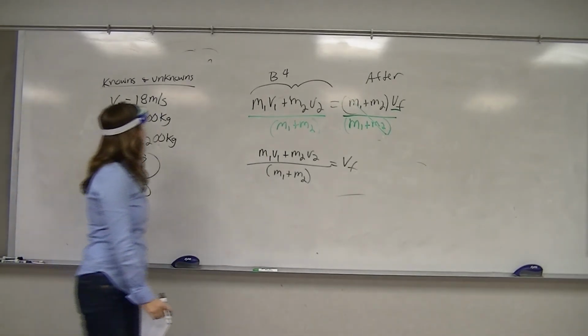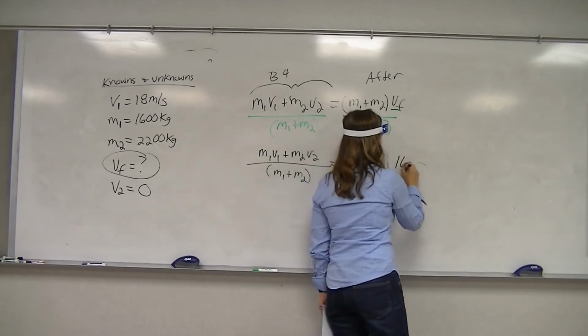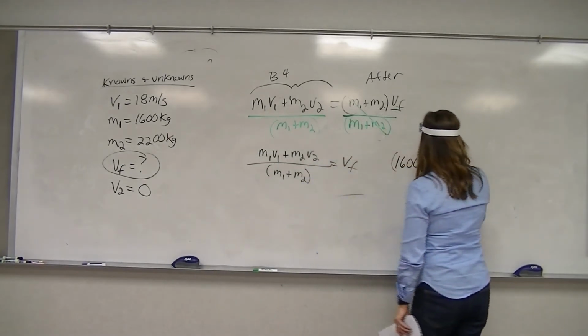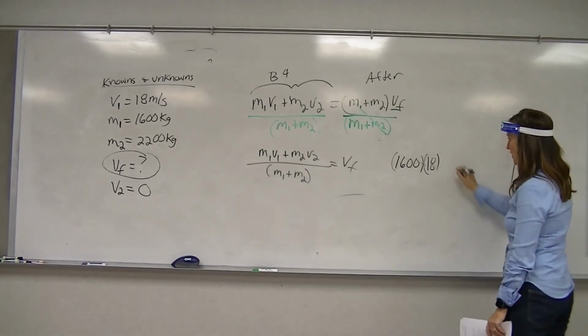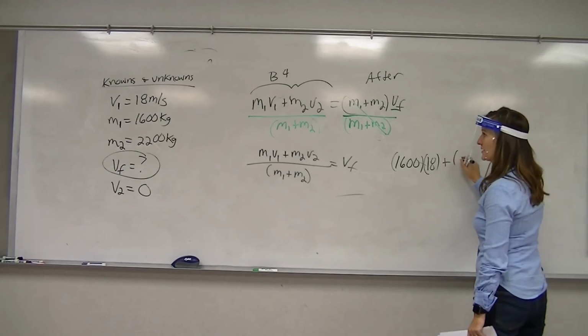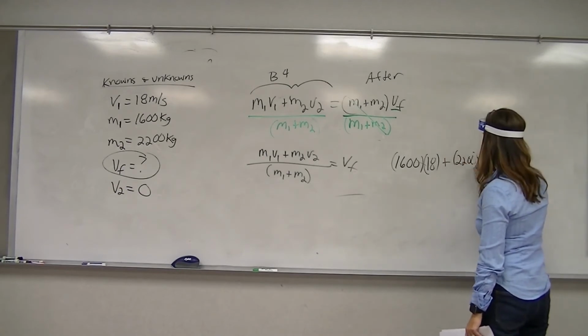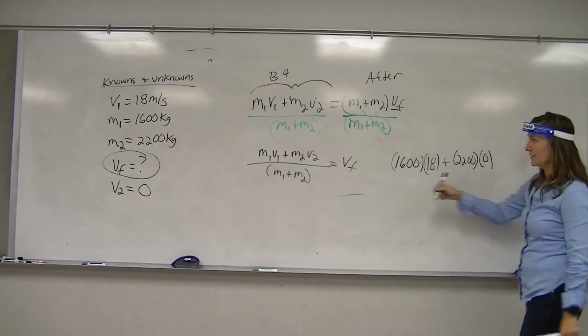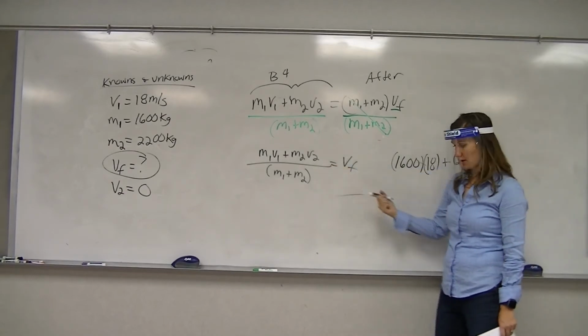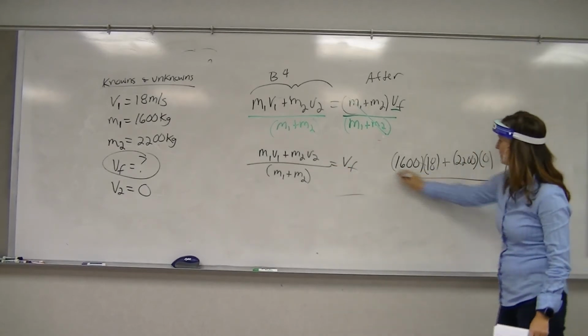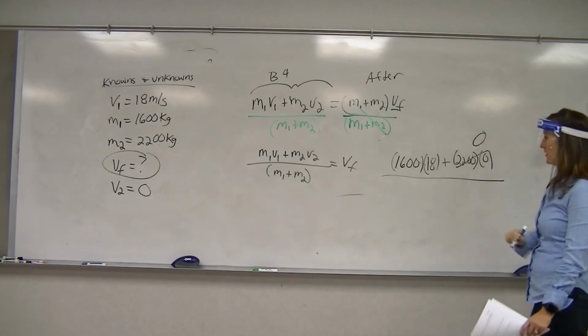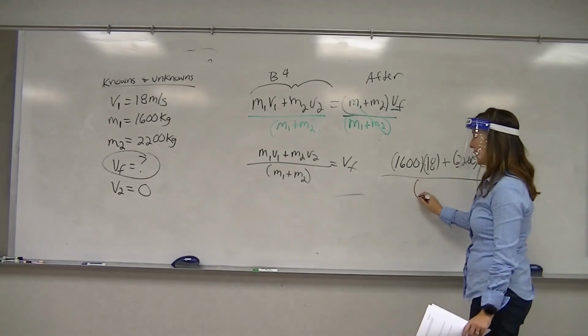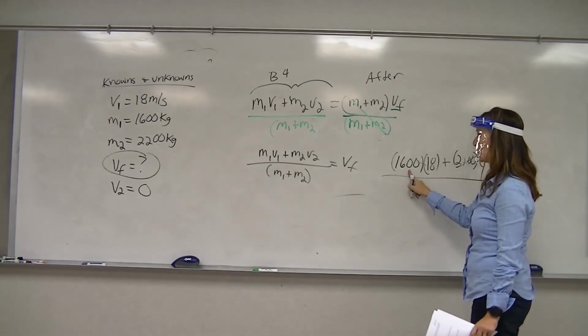So, I have 1,600 times 18. That is the mass of the car times the velocity of the car. Then I have the mass of the truck times 0, because its initial velocity we said was 0. Anything times 0 is just 0. Then I'm going to divide that by the mass of both vehicles added together.